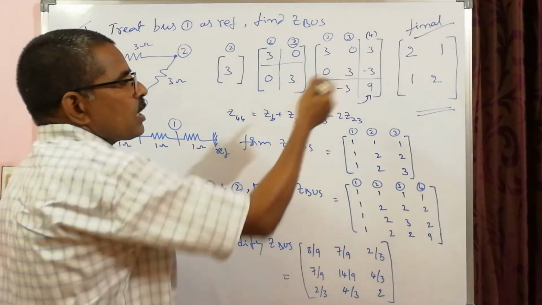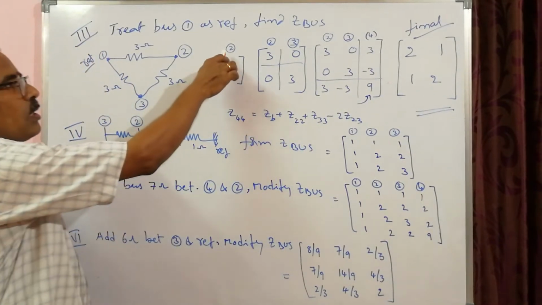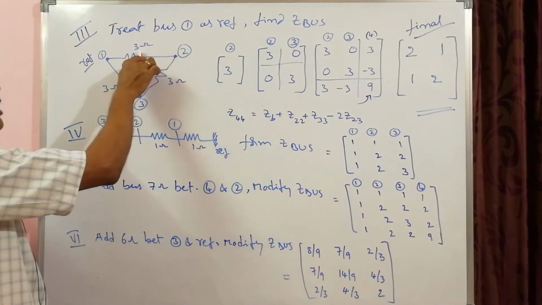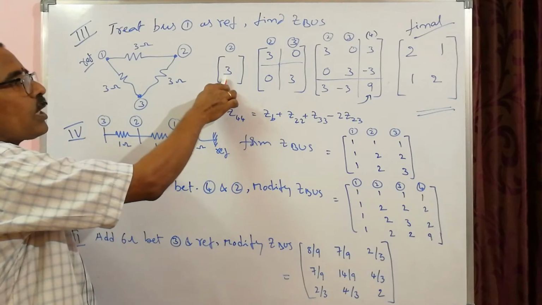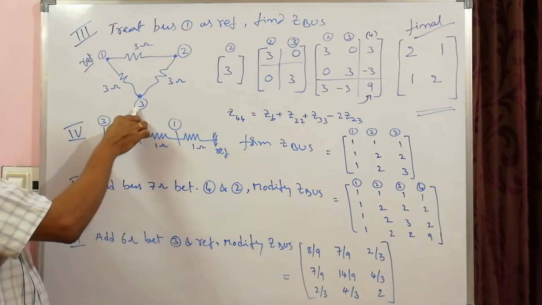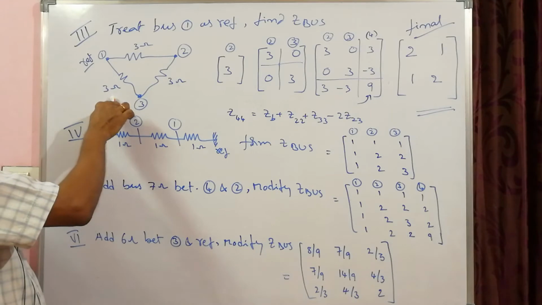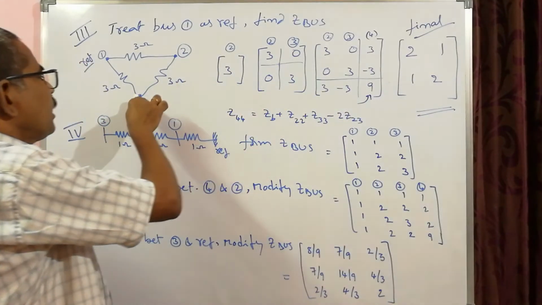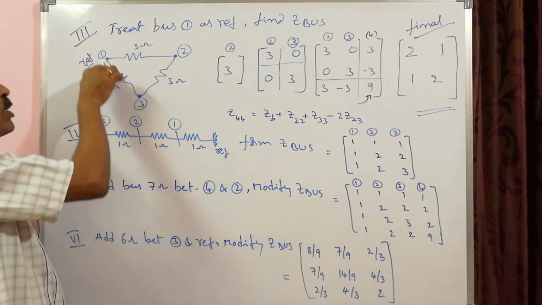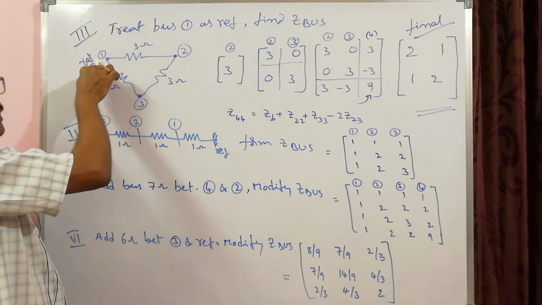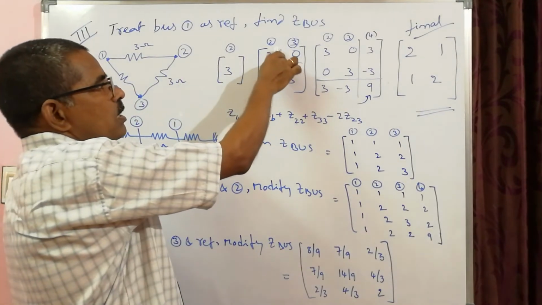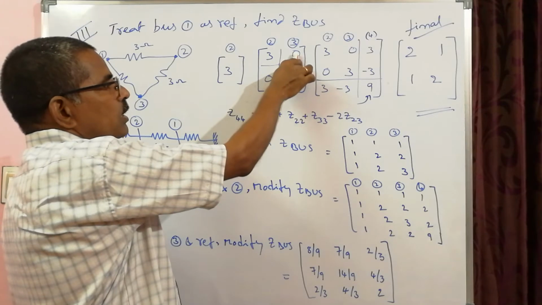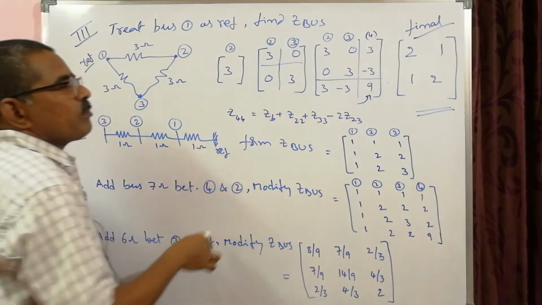That's what I followed. So when bus 2 is considered, I am adding 3 ohms. Okay. Then I am considering third bus, I am adding 3 ohms. So it is adding 3 ohms between new bus and reference. Okay. So that yields 2, 3, and this is 0, and here it is ZB.